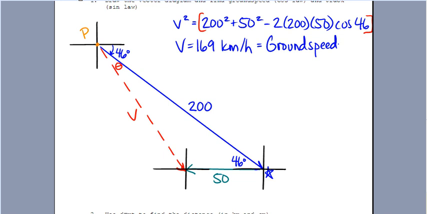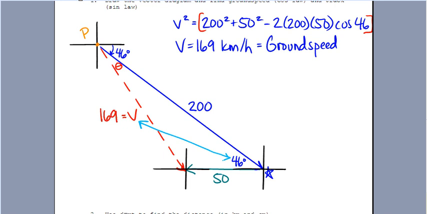So crummy pilots, you'll always start with the cosine law to solve for V. Then we have to go and get theta, that unknown angle. And if I label my diagram and say, hey, that was 169, now you can say, hey, look what we've got. This is good.